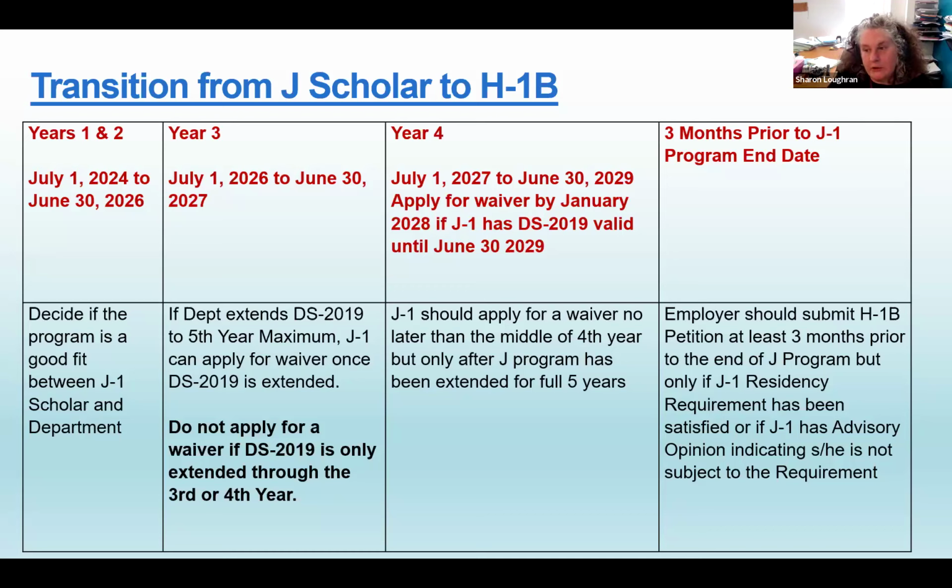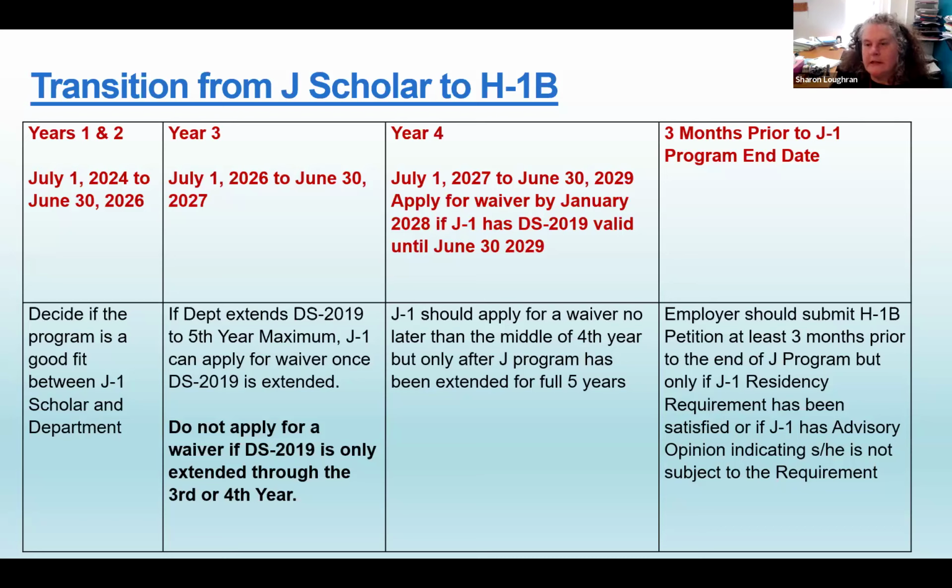If for whatever reason you can't do that because of funding, let's say, then this person should not apply for a waiver until they're extended longer. Year 4, hopefully at this point, you're willing to do a 2-year J for them so that they can go to the end of the 5th year, and they should apply for a waiver no later than the middle of the 4th year in J status, because it's taking at least a year to get a waiver.